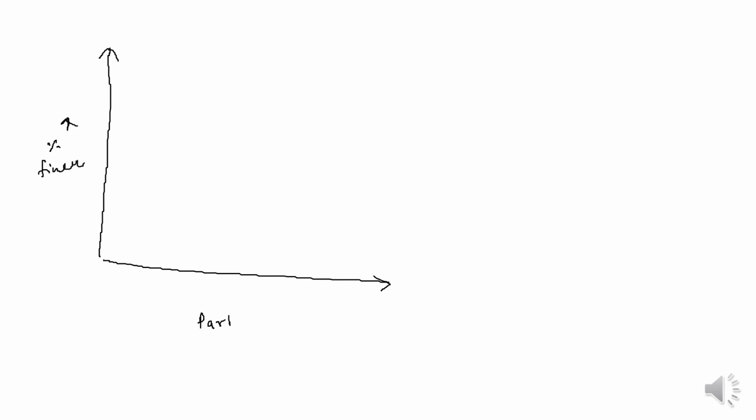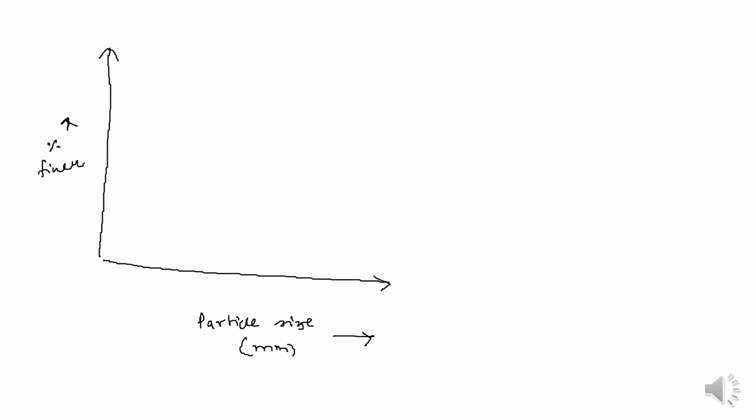So for me, I'll just try to give an approximate plot as I draw it here. So we draw, this is my y-axis and this is my x-axis, and I am not drawing to scale, you can already see that. So this is my percent finer on the y-axis, and we have the particle size.